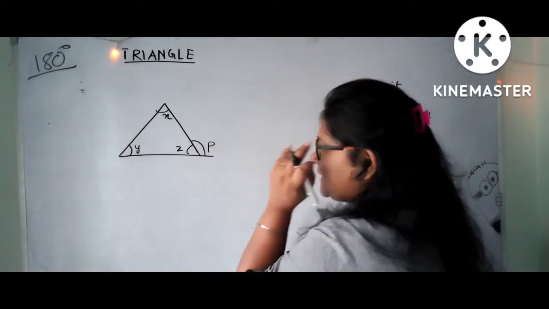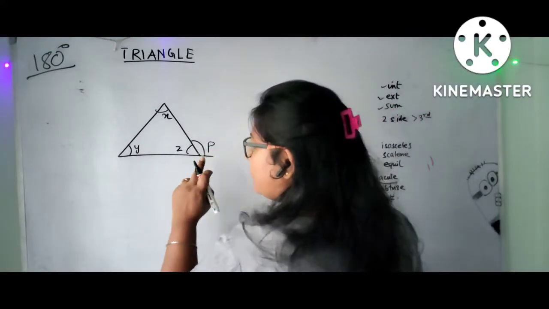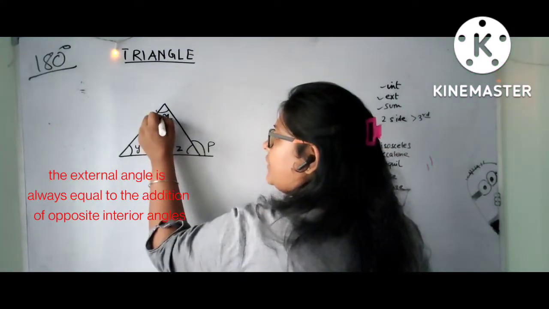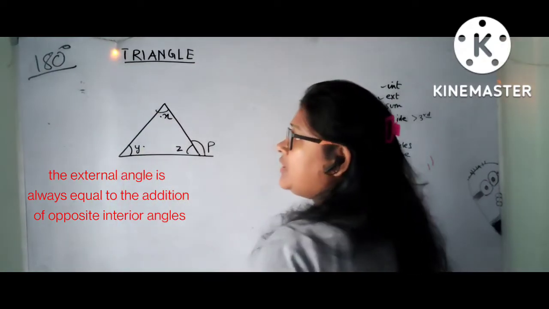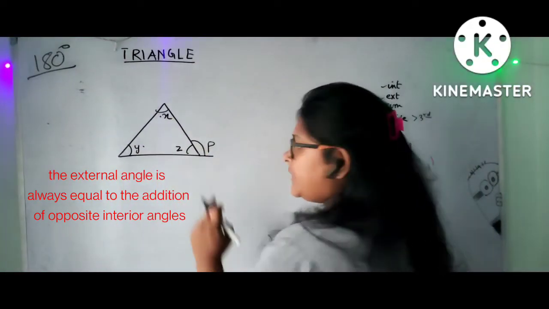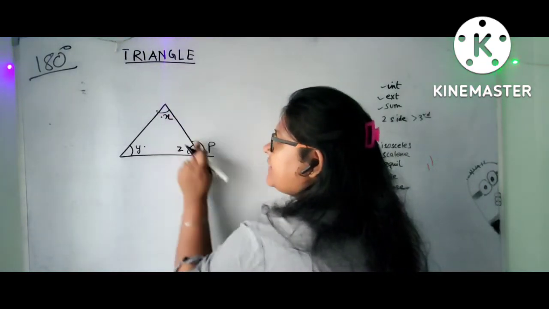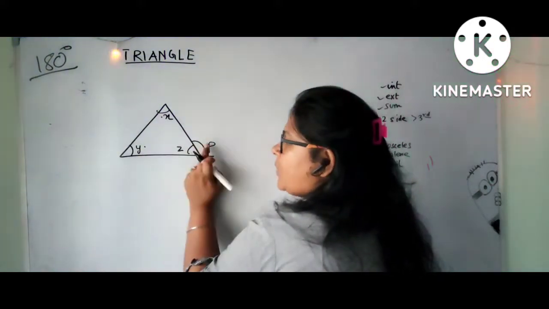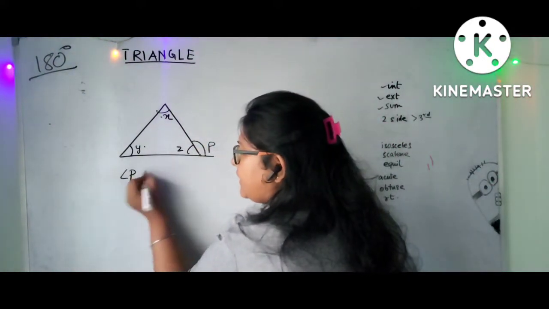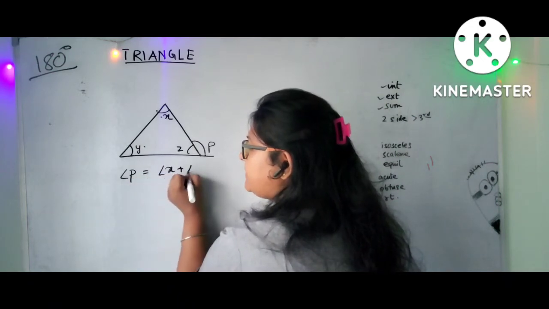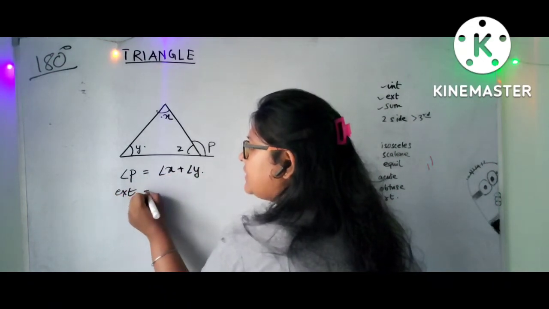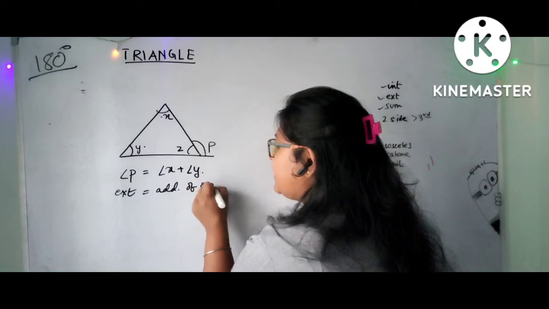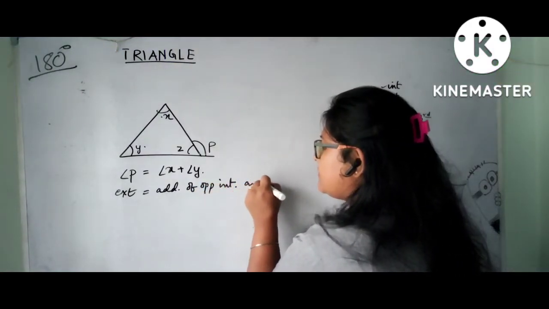My rule is that an external angle will always be equal to the addition of the opposite internal angles. P and X are linear, but P and Y are opposite. So I will say angle P is equal to angle X plus angle Y. External is equal to the addition of opposite internal angles.